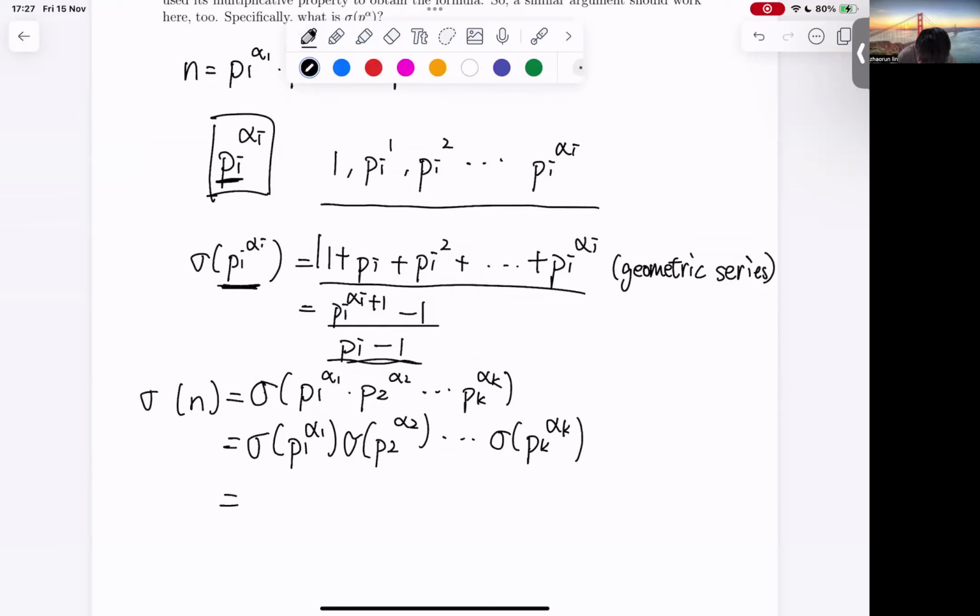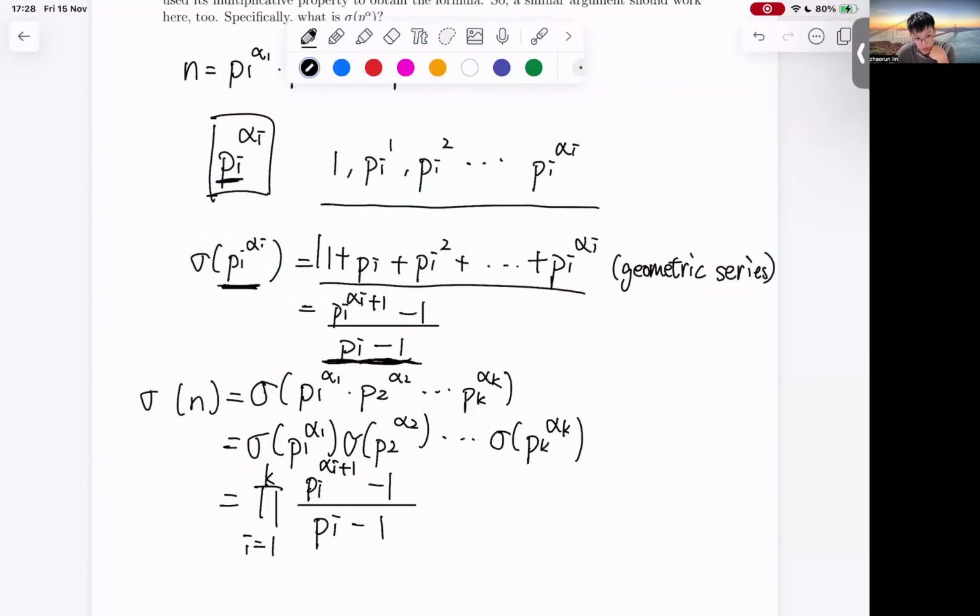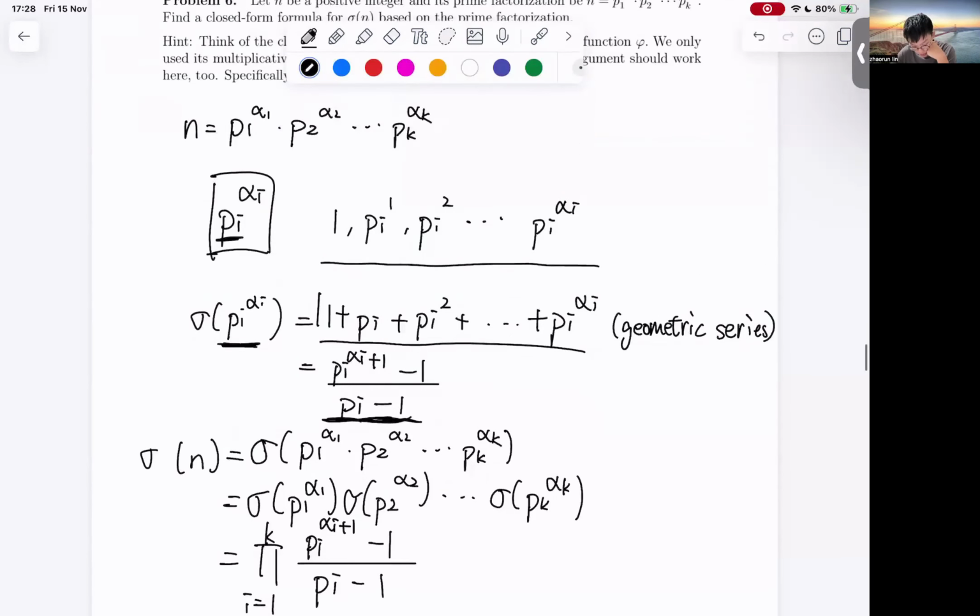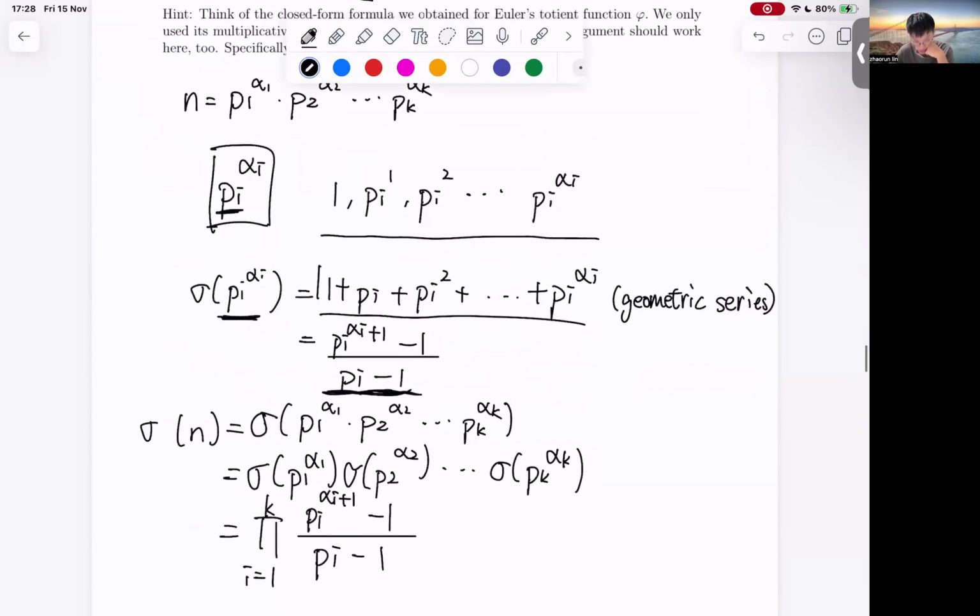And from the above, for every pi, we have this sum. So we just need to take this product from I equals 1 to k. And then this sum. So this is the closed form formula for this question.